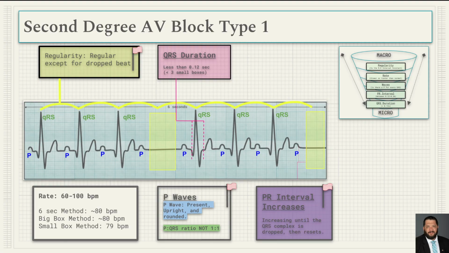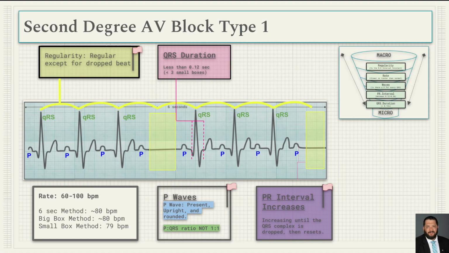Let's talk about second-degree AV blocks. We have two types of second-degree AV blocks. Again, keeping in mind our normal sinus rhythm as a baseline. We'll go through our same process here, and we'll identify some characteristics that are hallmarks of our AV blocks. Looking at regularity, everything appears to be regular, with the exception of there being periods of electrical silence.